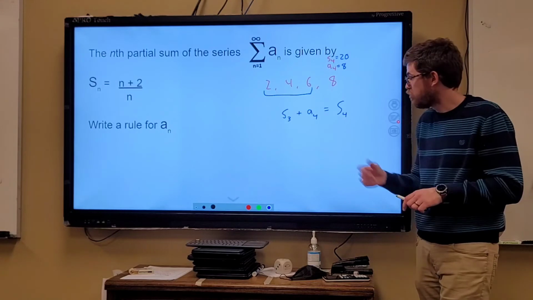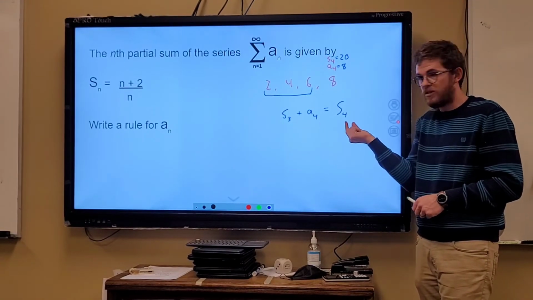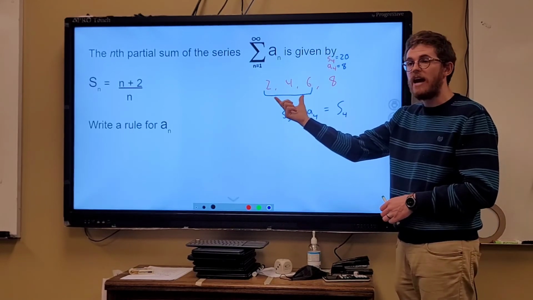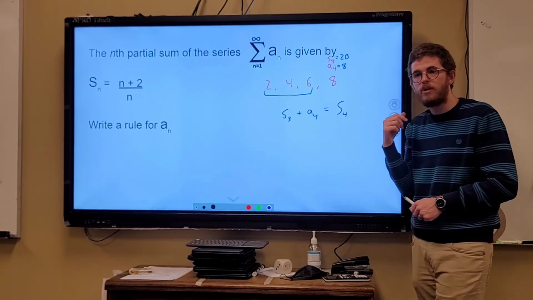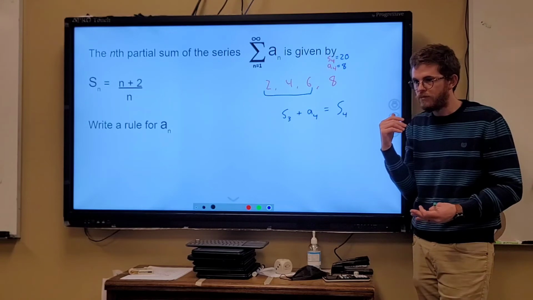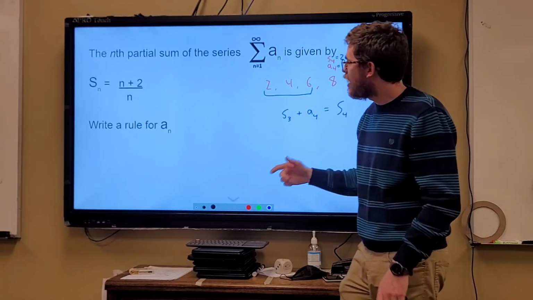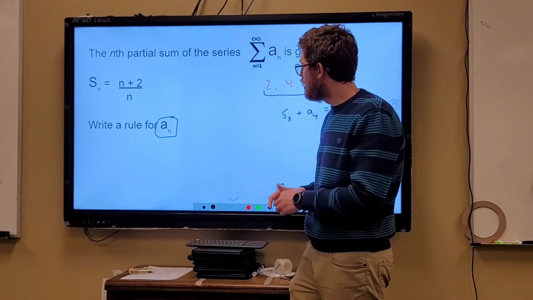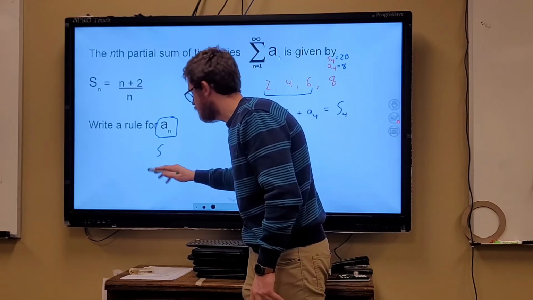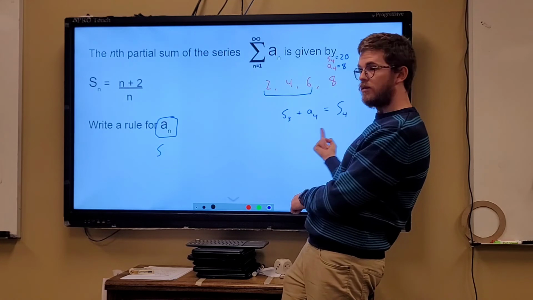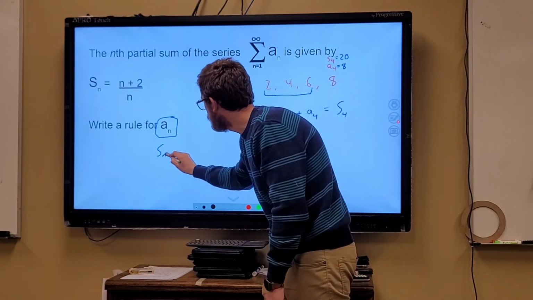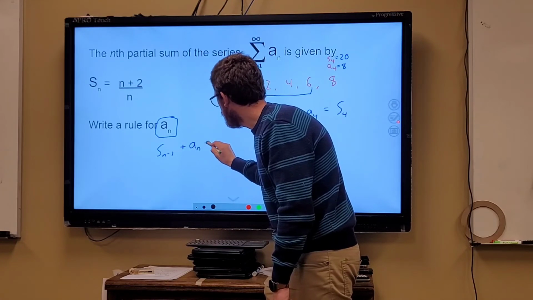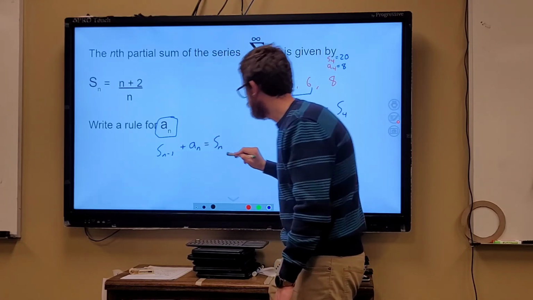Right? That is the definition of S of 4, adding up all the ones before. S of 3 has already added up the first 3. We add the fourth one, we get S of 4. So, if I want to write a rule for A of n, then S of n minus 1 plus A of n has to equal S of n.